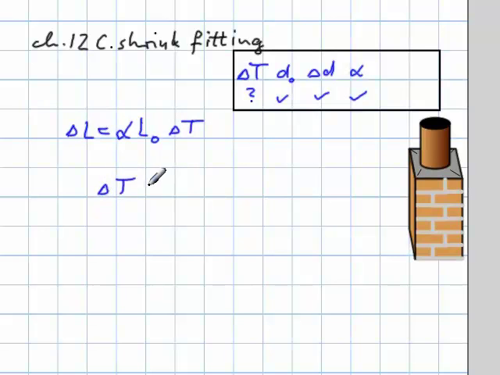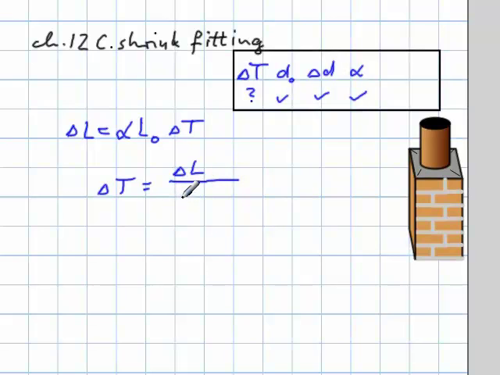Delta T equals delta L, which is the 0.0026 centimeters. I actually didn't make a mistake a moment ago here. Of course, that is the 0.0026 centimeters, that delta L or delta D, because that's by how much it has to shrink in order to fit into the hole.